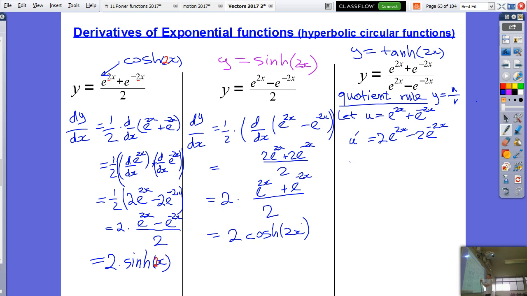Now, what about the denominator? v is equal to e to the 2x minus e to the negative 2x, and its derivative: the 2 comes out the front, 2e to the 2x plus, the negative 2 times the negative. Understand?